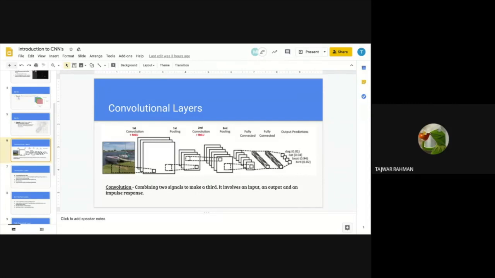But then the pooling layer, since after the convolution layer it's still processing the image, which is taking too much power, it just takes the most important features and simplifies the image, and then you do another convolution layer trying to understand more features, if that makes any sense.